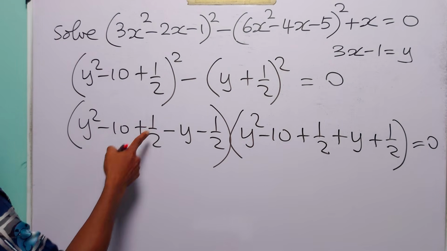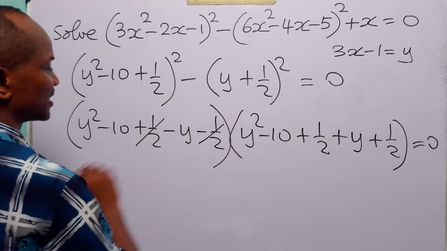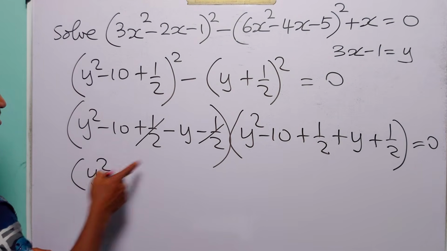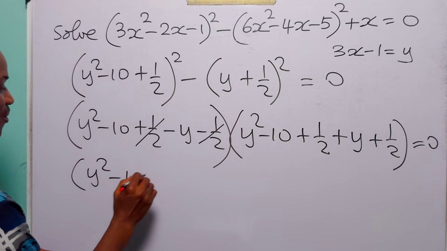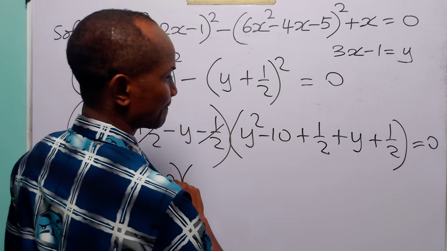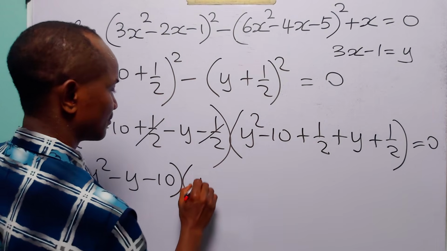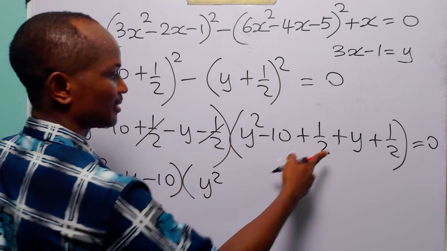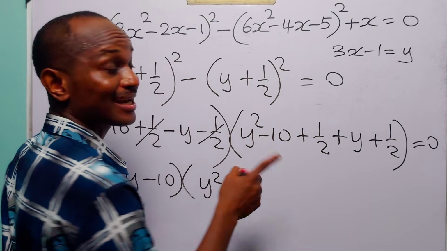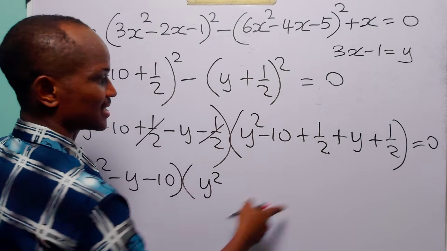Now from here, plus half is going to take care of minus half, leaving us with y squared minus y minus 10. From here, we have y squared. Half plus half is 1. Minus 10 plus 1 is minus 9.